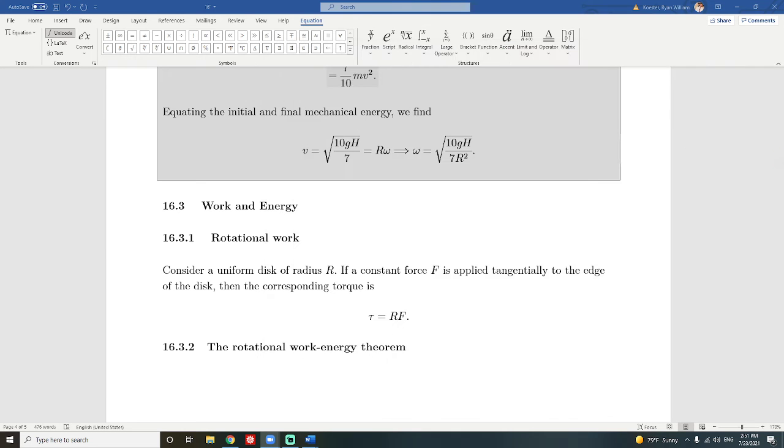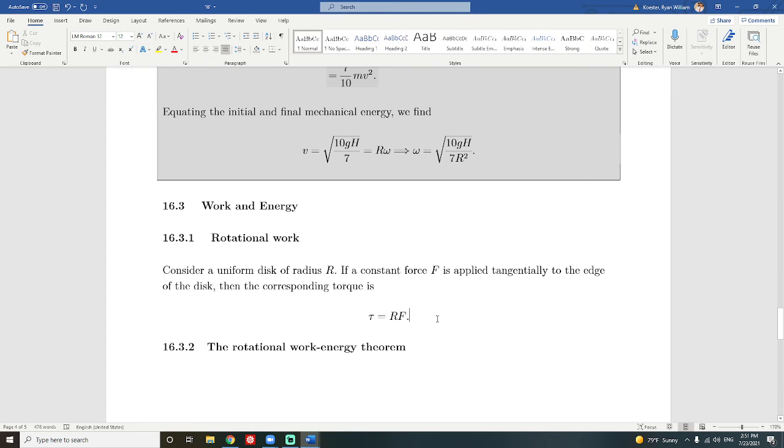So let me move this over. Okay, so anyway, the corresponding torque is RF because the angle between the position vector and the force vector would be 90 degrees, right? And sine of 90 is 1, so the magnitude is just this. Okay.